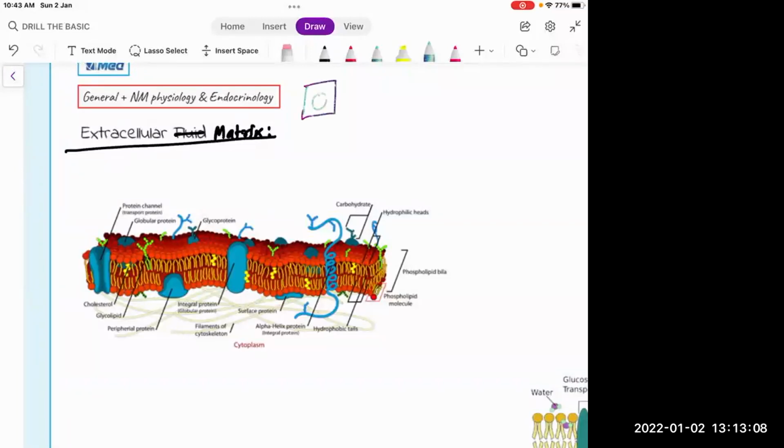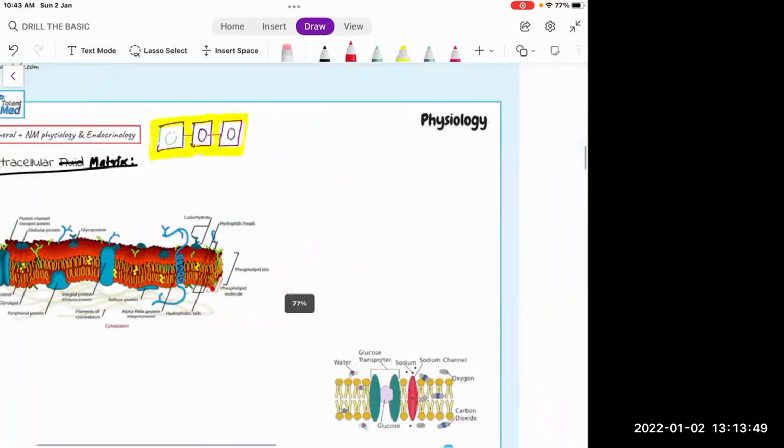For example, this is a cell, and this is another cell, and this is another cell. Those structures which are present in between all the cells form the extracellular matrix. It also has a few proteins and structures which make one cell adhere to another cell. This is required for making all the cells join together and form the tissues.